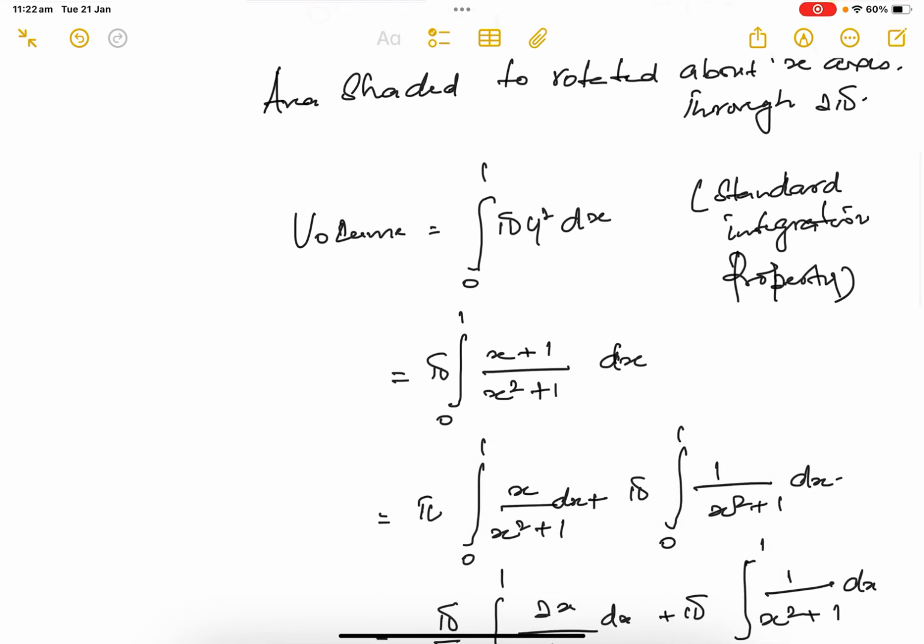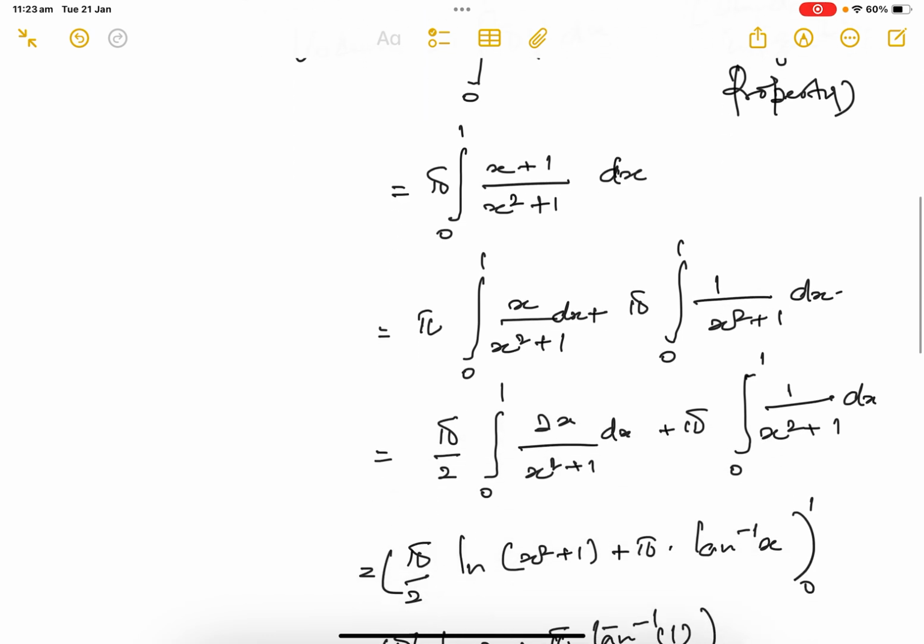We can take the π out of the integral sign, so 0 to 1 integration of y squared. Y squared means you just remove the square root, because y is the square root of (x plus 1) over (x squared plus 1). So y squared is (x plus 1) over (x squared plus 1).